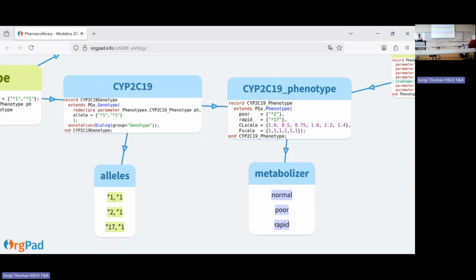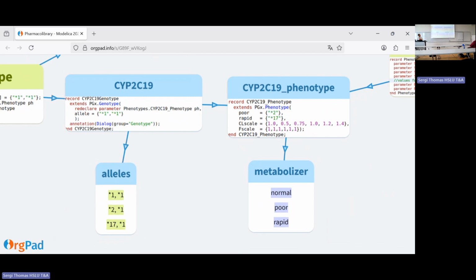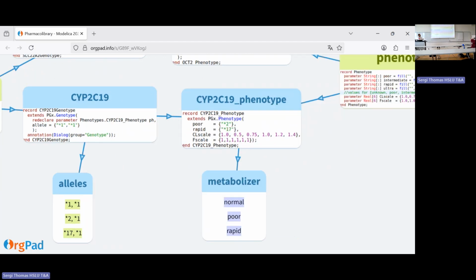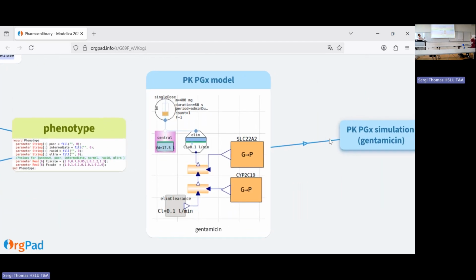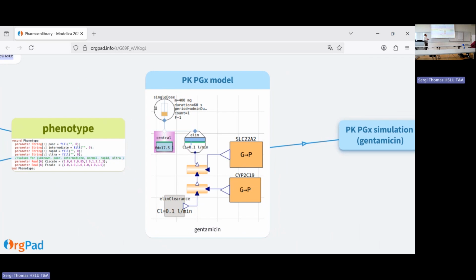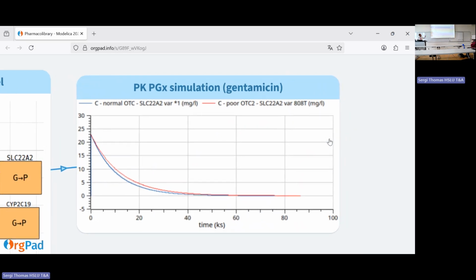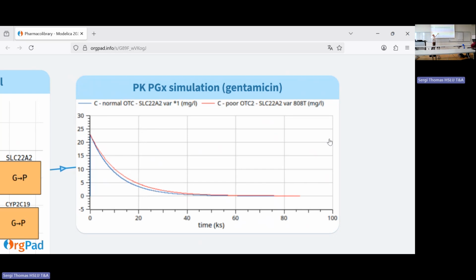It is in liver cells, the most common cytochrome P450, and again some examples of alleles and metabolizers. This is modeled using the components here. You have the part of pharmacokinetics, and then the influence of the genes and phenotypes. So there is a little bit of difference here between the normal patient and the patient with some mutation in a gene.